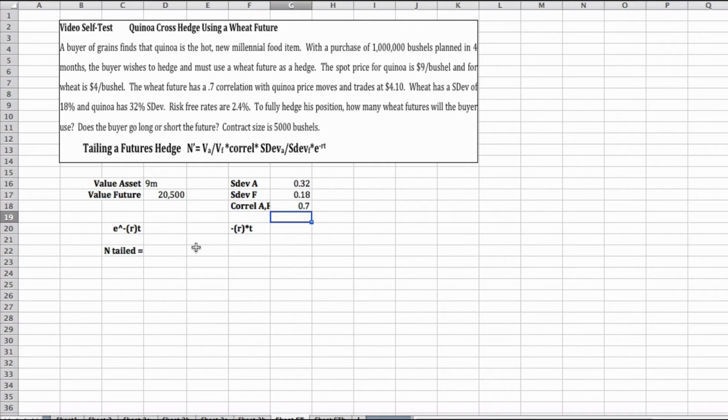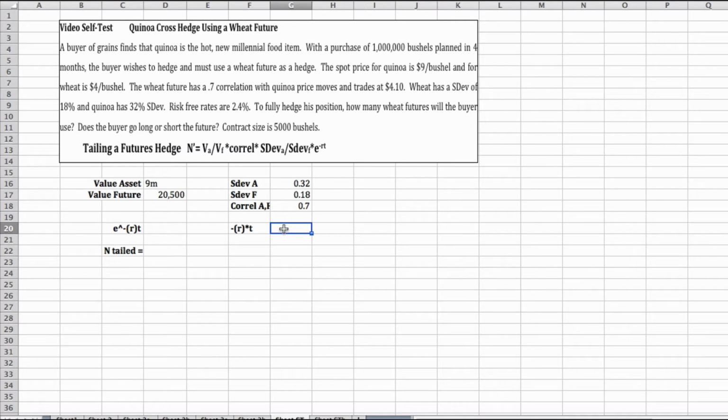So that information we can start to plug into our formula. And when we do that, we should be able to get the hedge necessary. Since we're doing a full hedge, it's just going to be whatever this formula has as an output.